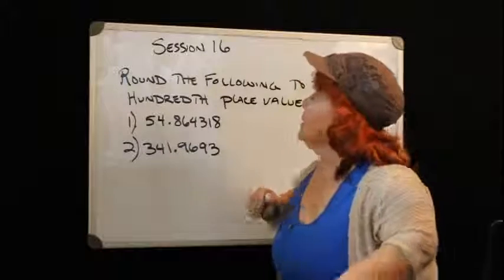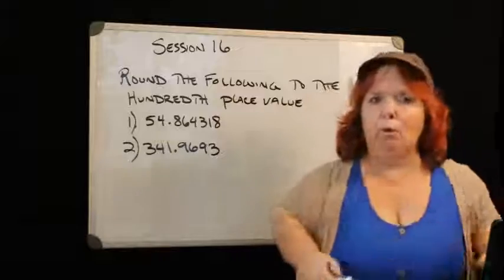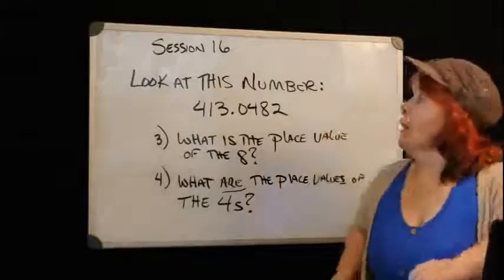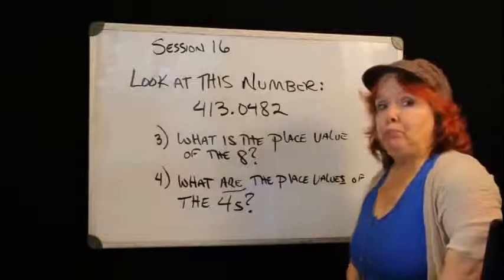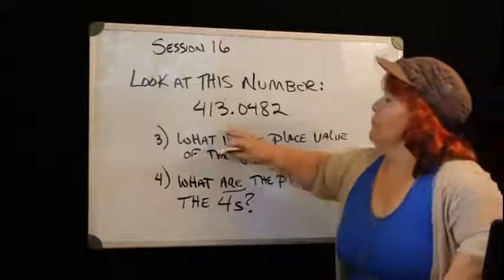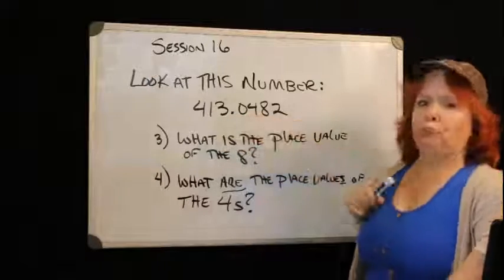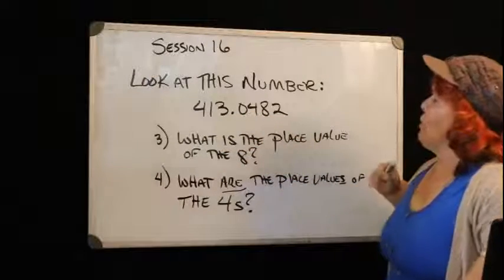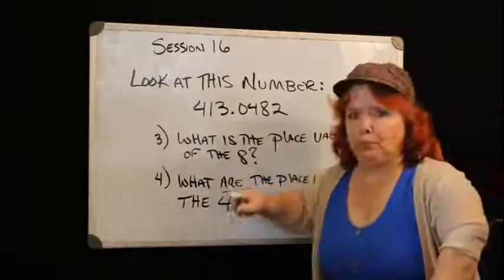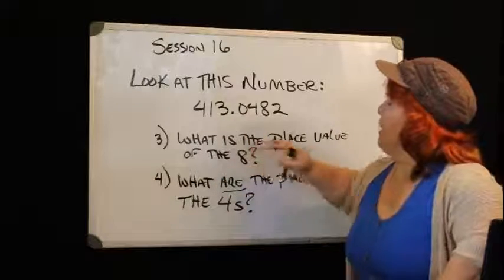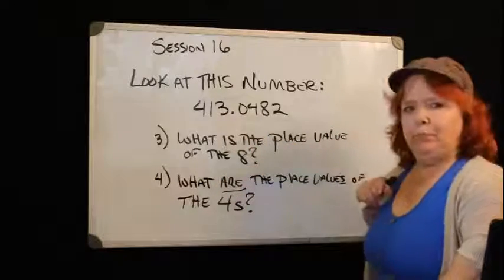Okay? So, I'm going to give you a couple more. Next question. Look at this number, 413.0482. What I want you to do is answer these two questions. What is the place value of the 8?